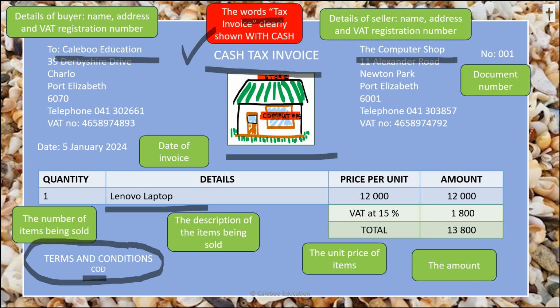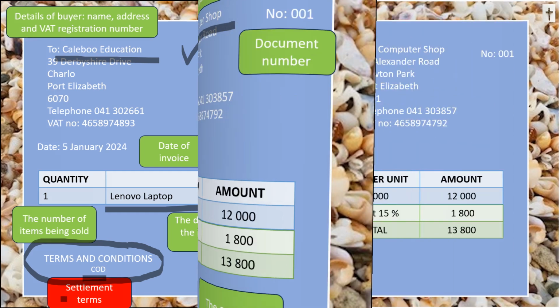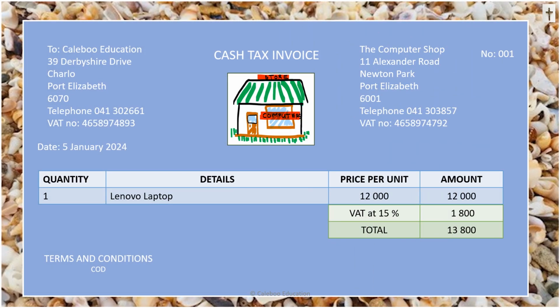The words tax invoice clearly shown with cash. It's a cash tax invoice. There the settlement terms, cash on delivery. I took off all those little information bullets, let's call it, just to show you what the document actually looks like.